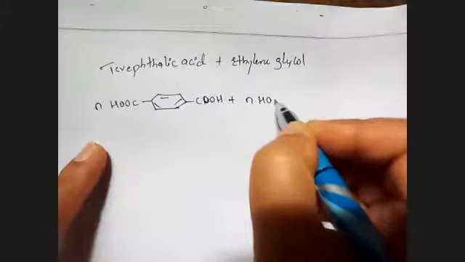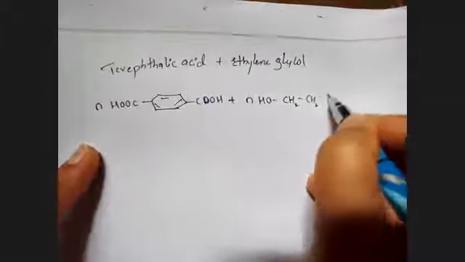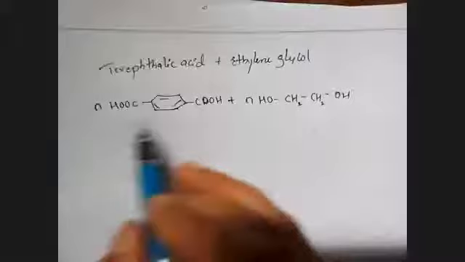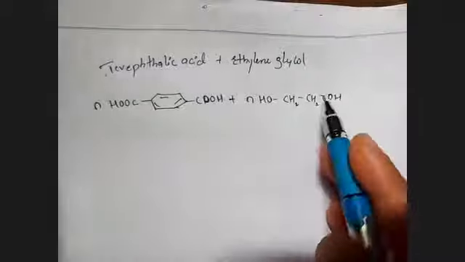We are going to represent n number of units. This is terephthalic acid and this is ethylene glycol.